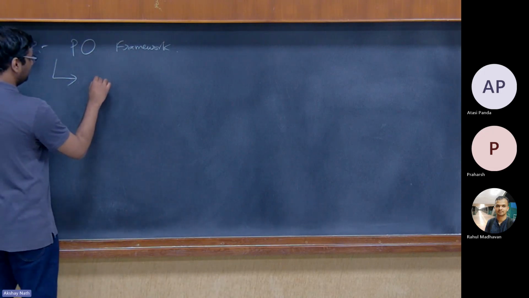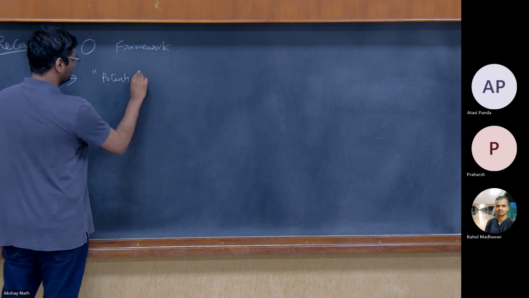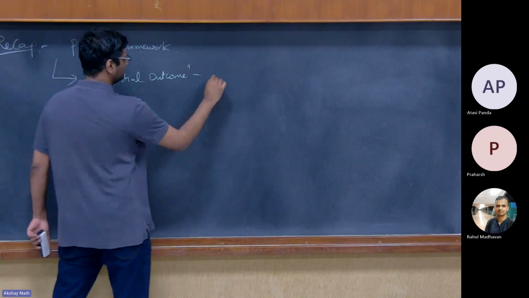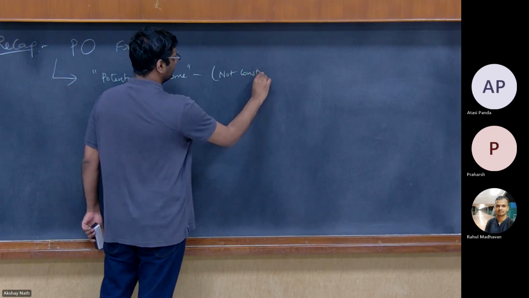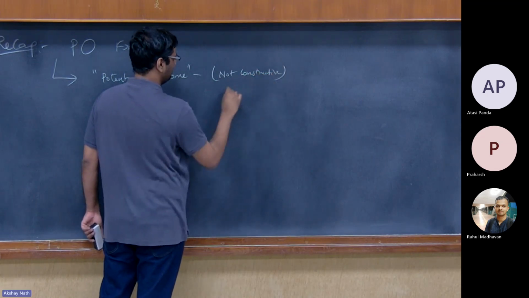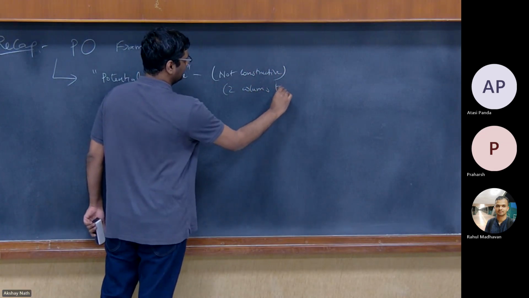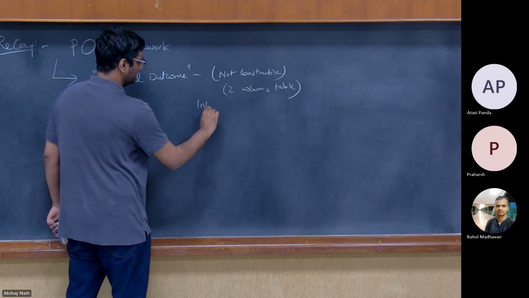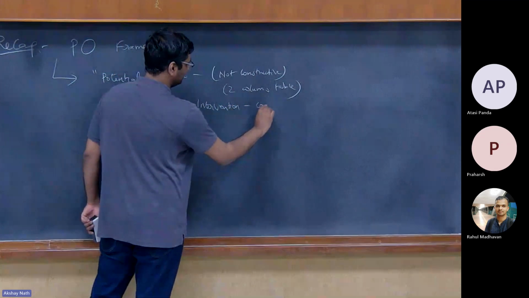The definition of a potential outcome was essentially not constructive in some sense. It was as though there are 2 other columns in your table. And the notion of an intervention essentially was captured by simply the consistency.